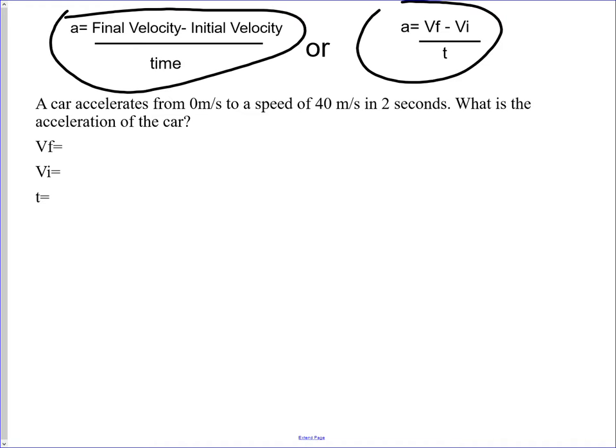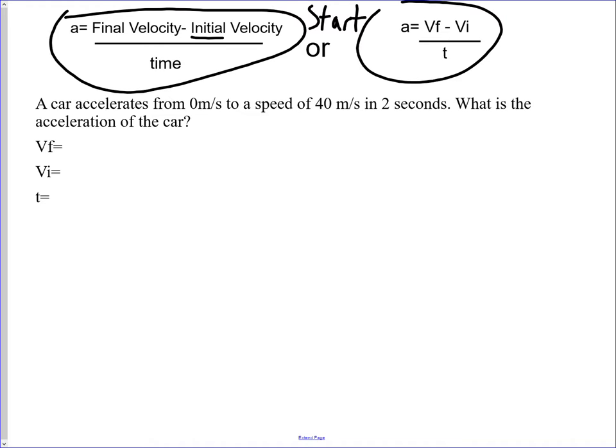When it's abbreviated, you'll see VF minus VI, which means the final velocity minus the initial velocity. Just a reminder, when we see the word initial, it's the same thing as saying the start, something at the beginning. So it's the number that comes first: what velocity is the object or person you're measuring at first?